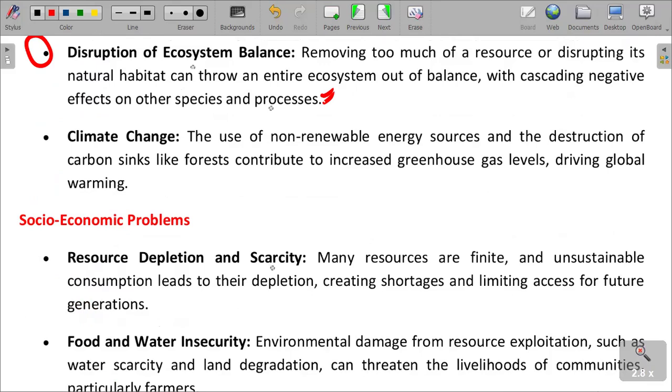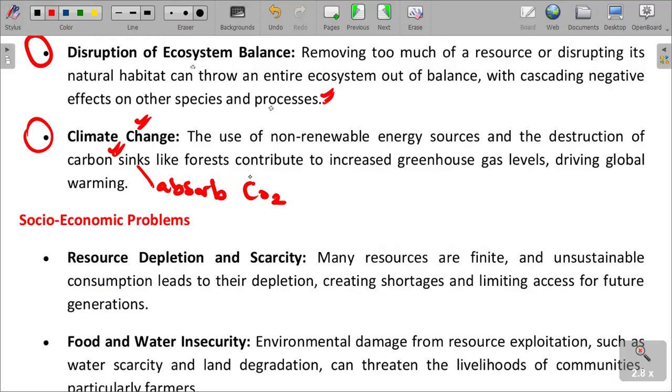I've already mentioned climate change, which is also caused by the use of non-renewable sources of energy and the destruction of carbon sinks like forests. Carbon sinks are there to absorb the carbon dioxide and gases emitted into the atmosphere.